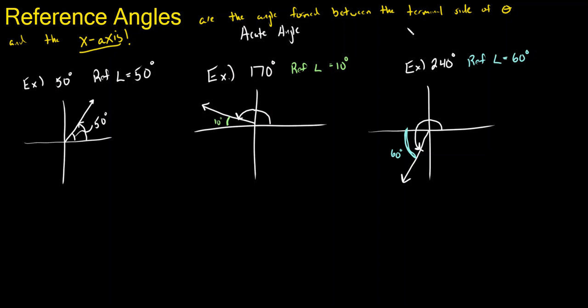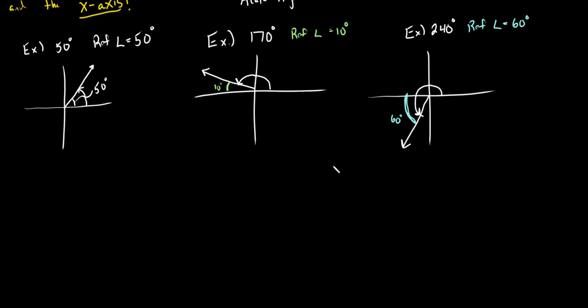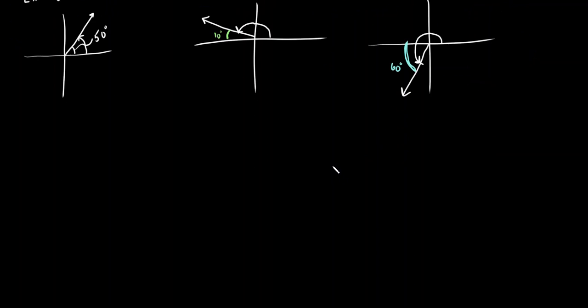Let's take a look at maybe two more. Say we had negative 200 degrees. That shouldn't deter us at all. We know how to draw negative angles. We go clockwise. So I'd go negative 90, negative 180, and to get to negative 200, I'd go another negative 20 degrees, so we'd be right around here.